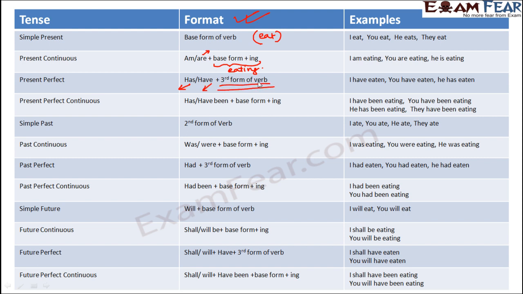For example, for eat, the second form is ate and the third form is eaten. So in this case, eaten will be used. Similarly, for any other verb, for example break: break, broke, broken. So in that case, it would be he has broken, they have broken, I have broken, you have broken. That's how you'll use it.